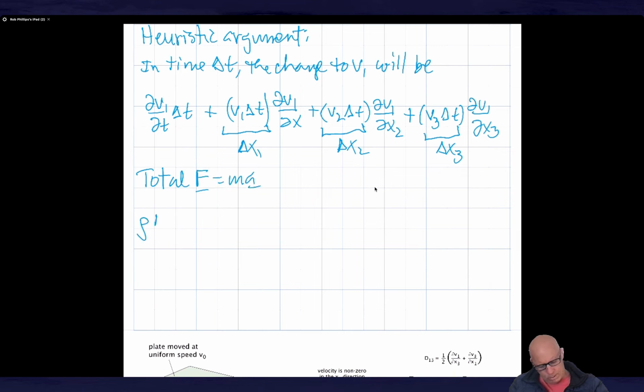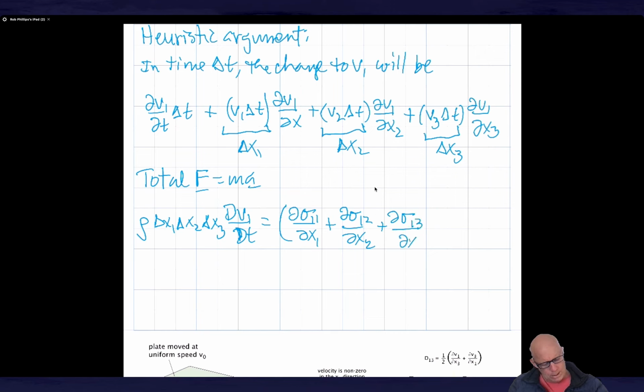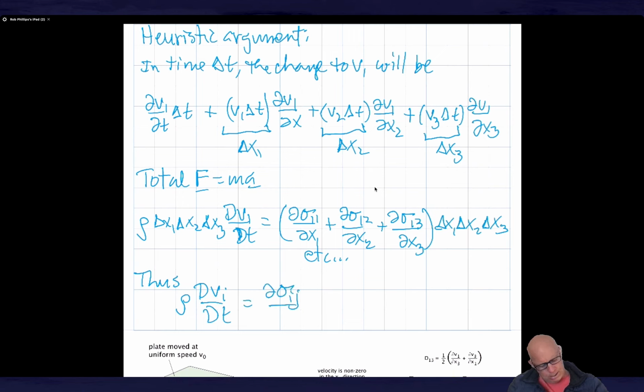I have rho delta x1, delta x2, delta x3, dv1 by dt is equal to d sigma 11 dx1 plus d sigma 12 dx2 plus d sigma 13 dx3, times delta x1, delta x2, delta x3, etc. Implying, I'm going to write thus, rho dvi by dt is equal to d sigma ij dxj.